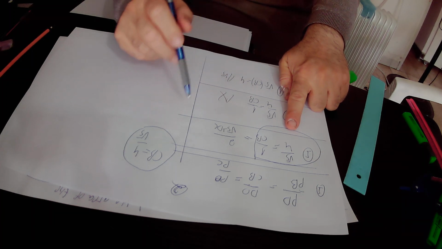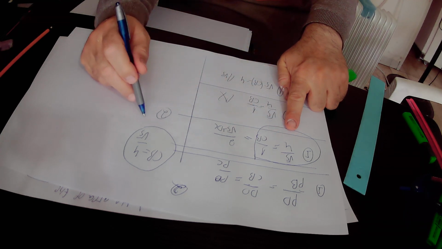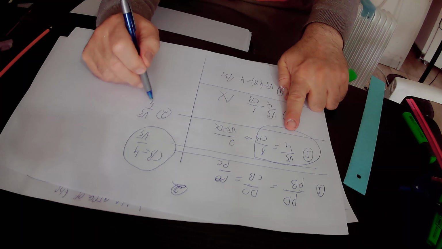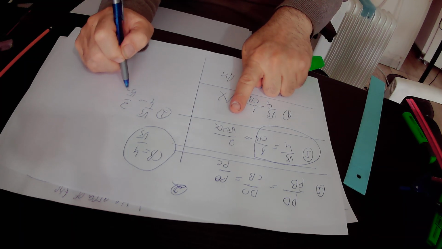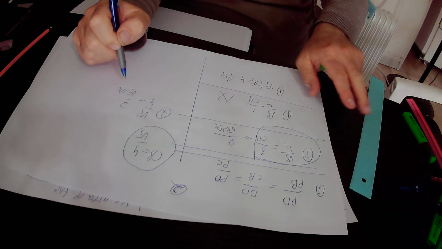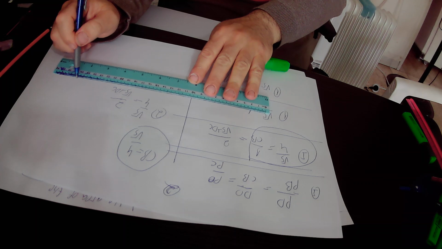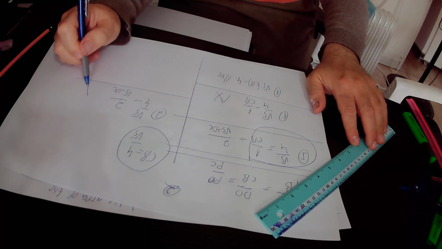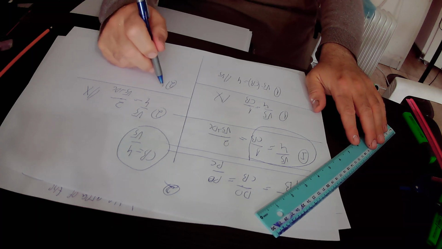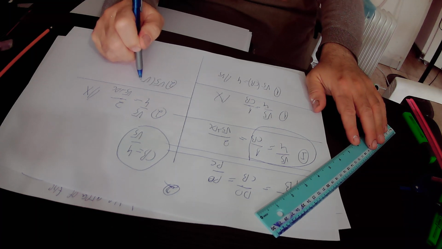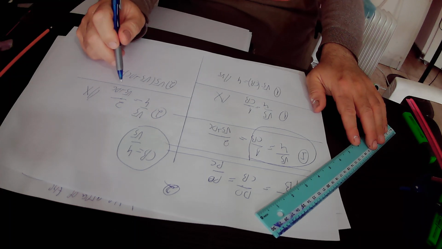So according to equation 2, we get that square root of 5 over 4 equals 2 over square root of 5 plus DC. This is equation 2. Here we cross multiply, and you get that according to equation 2, square root of 5 times square root of 5 plus DC equals 4 times 2, that is 8.